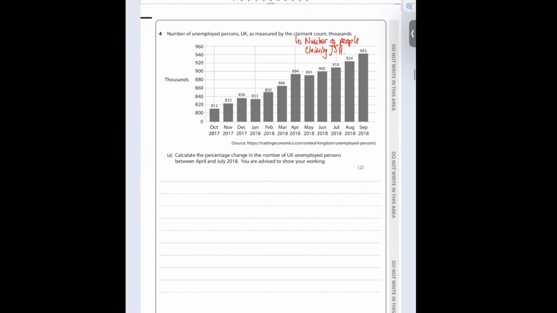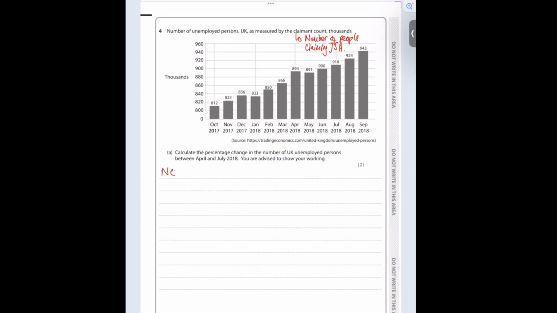Okay, calculate the percentage change. So see that it's new minus old over old times 100, between April and July 2018. Okay, so April there and July there. So our new value is 910. Our old value is 894.